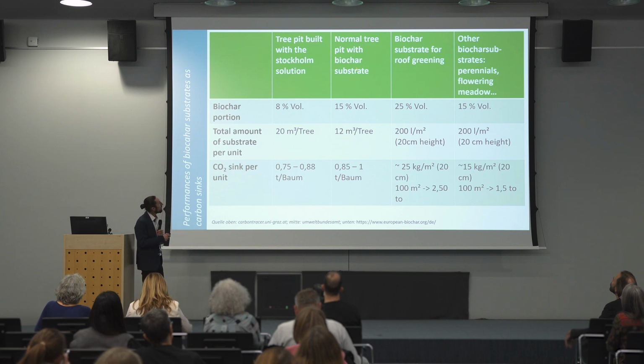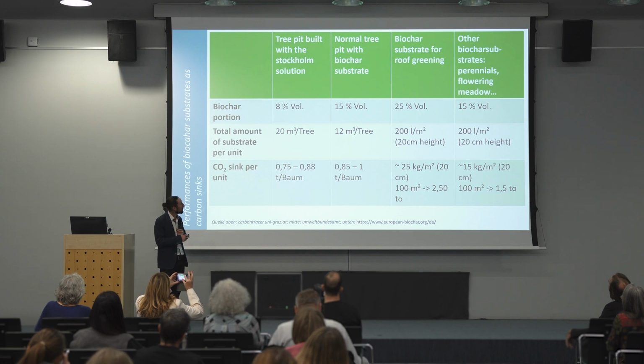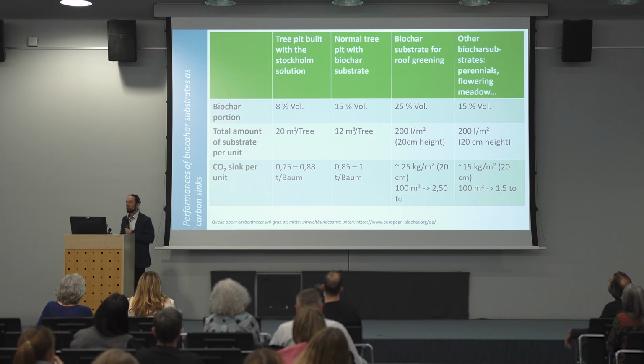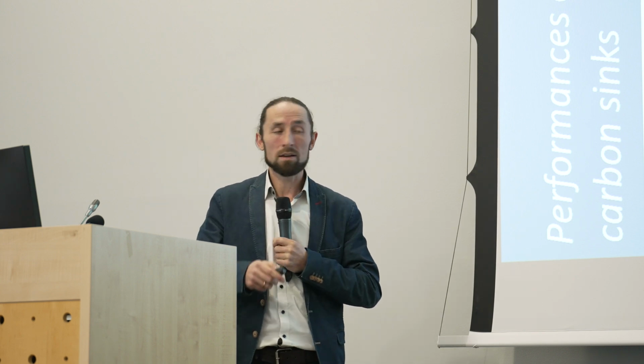And with the normal tree pit with biochar substrate, we put a little bit more biochar in it. We use a little bit less substrate per tree, and there we have up to 1 ton per tree of long-lasting carbon dioxide sink.